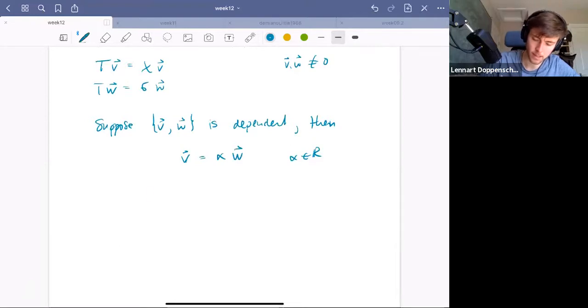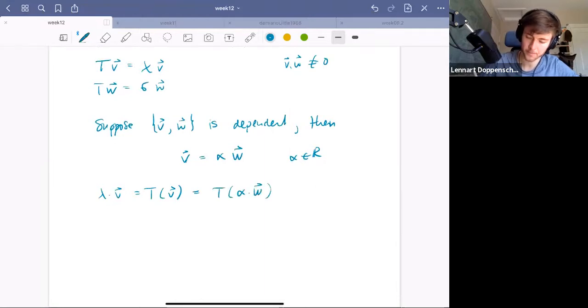If we apply T to V, we get lambda times V. But if V is a multiple of W, we could just replace V with T of alpha times W. This is a linear transformation, so we can get the alpha out, and then we have T of W, which is alpha times sigma of W.